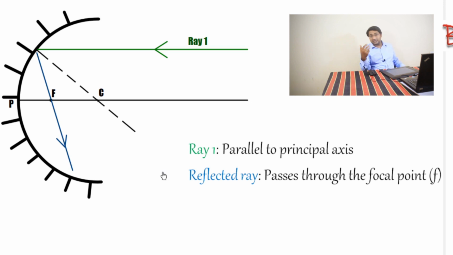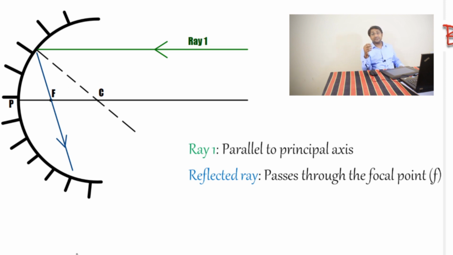Now, you don't have to actually learn this by heart. It's logical and it's common sense because if you see the normal, now what we have here is a line joining the center of curvature and the incident point. This is the incident point of ray 1. If you join a line, this is the normal to that particular curvature at that point. Now, whatever angle ray 1 is making with the normal, the same angle the reflected ray is also making with the normal.